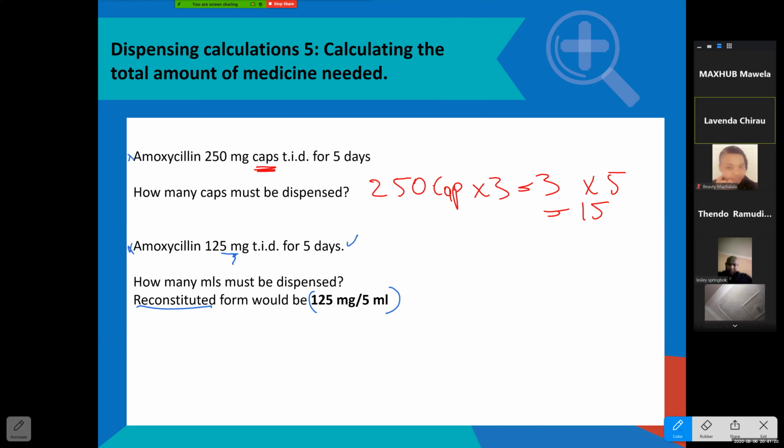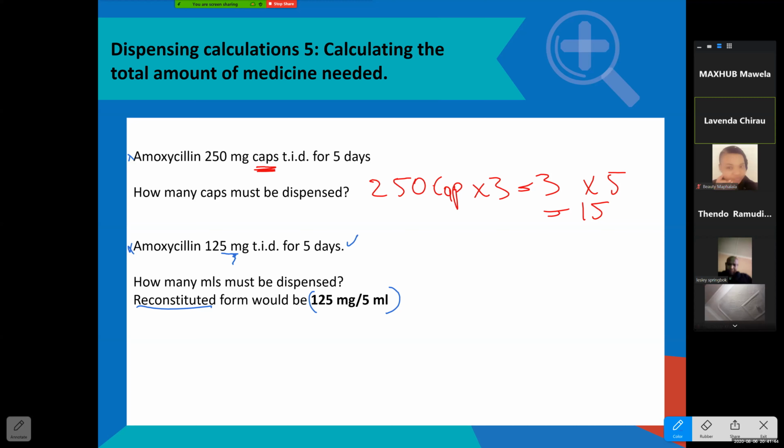Who has done the calculation? 75. Huh? 75 mils, okay. Is that what everyone is saying? 5. All right, let's do it together. I'm hoping you are with me, né? I'm not leaving you guys behind.